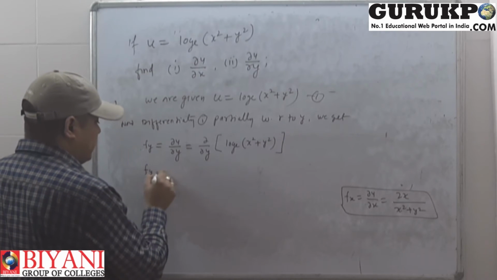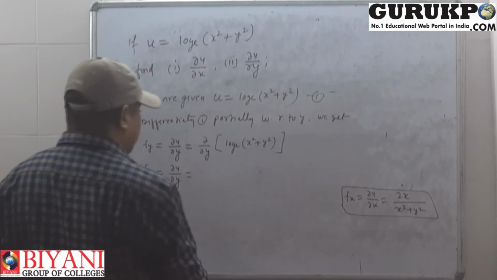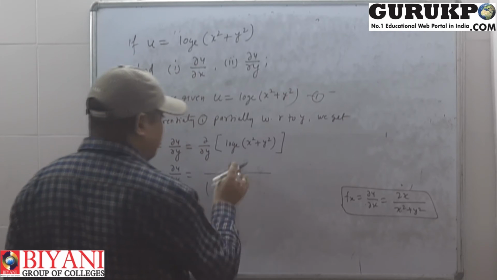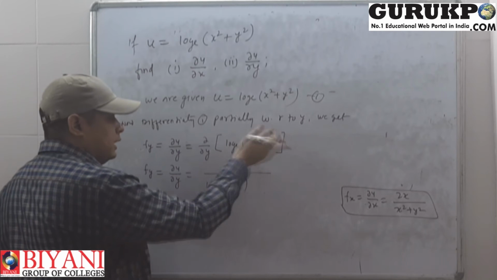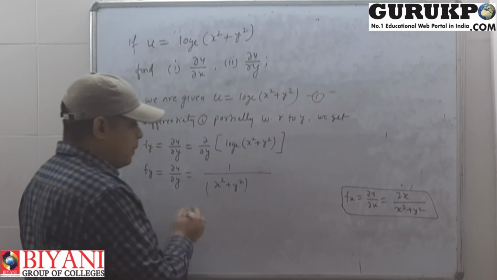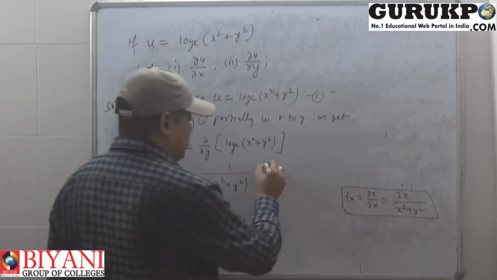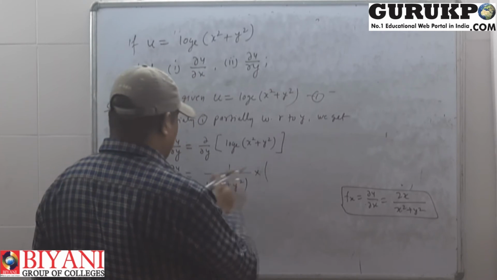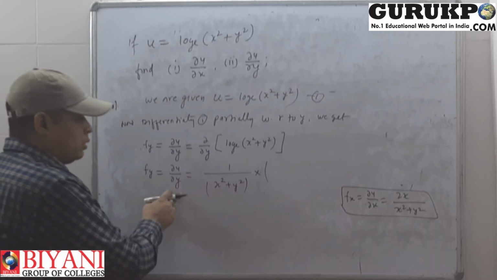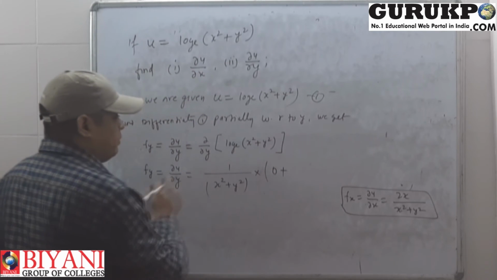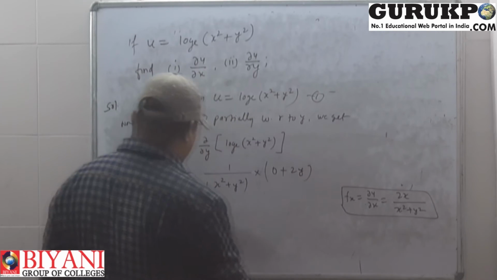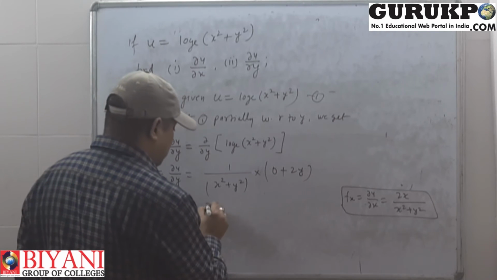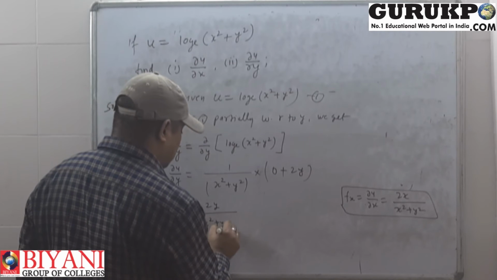It will become 1 upon x square plus y square, treating it like a single function log of x, whose derivative is 1 by x, and by applying the chain rule, the derivative of x square is 0 because we are differentiating partially with respect to y, and the derivative of y square is 2y. Therefore f of y del u by del y is 2y upon x square plus y square.